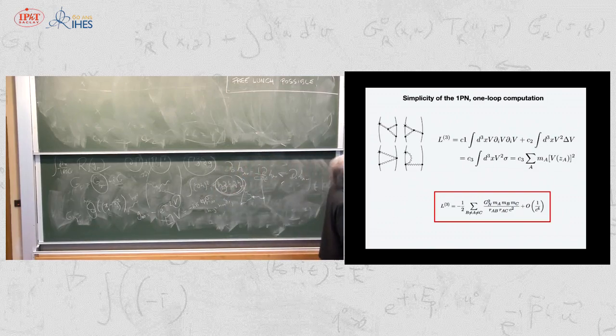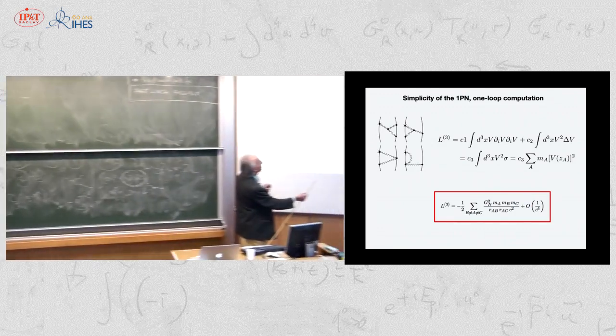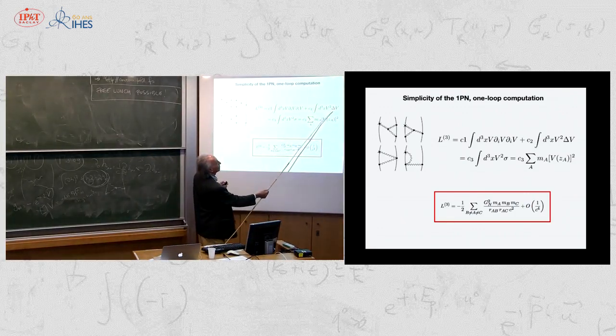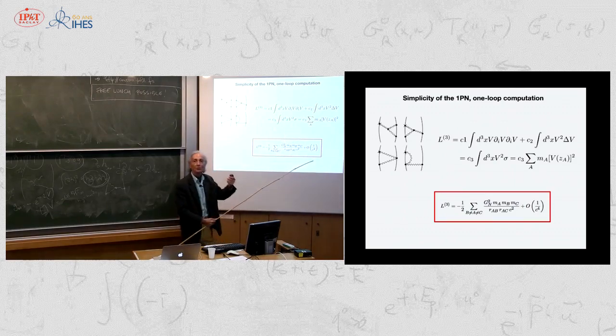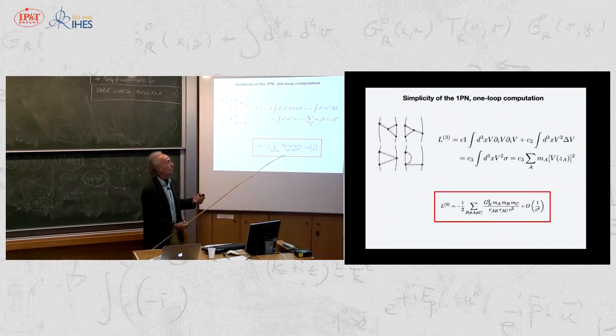But now I can just integrate by parts. This term is the square of a gradient, but I can integrate by parts, and then you find easily that this term is equal to this term. And in this term, actually, I can replace the Laplacian of V by sigma, which is a delta function on the two world lines, which means that I can integrate this without integrating.